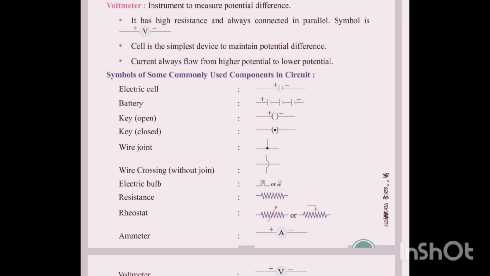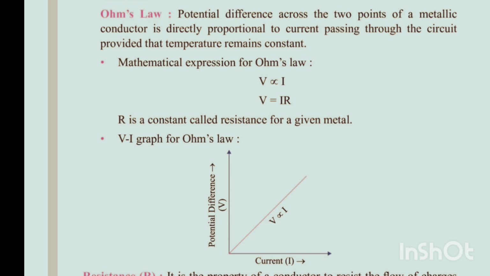Okay, the next part we have is Ohm's law. What is Ohm's law? Potential difference across the 2 points of a metallic conductor is directly proportional to the current passing through the circuit, provided the temperature remains constant. It means V, the potential difference, is directly proportional to I, the current.